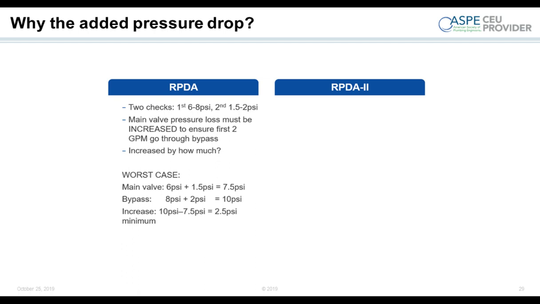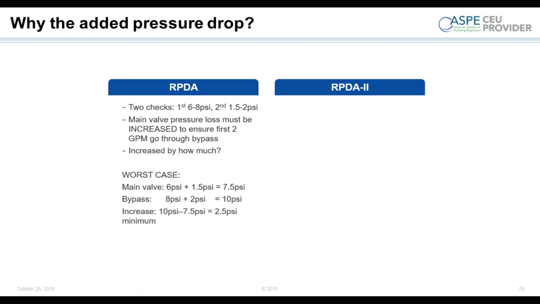So again, I need to increase my pressure loss across that main valve. The question is how much? So again, what's my worst case scenario? So if I pull a main valve and it's already on the low end, so say 6 psi and 1.5 psi, I'm at 7.5 psi total. And I pull a bypass out on the high end, so an 8 psi and 2 psi.